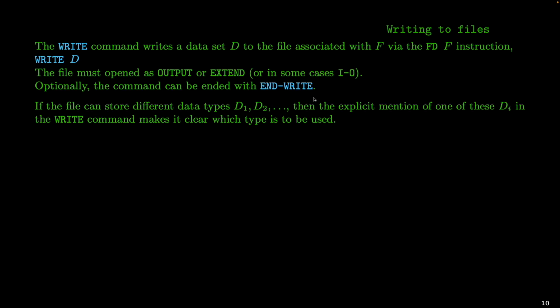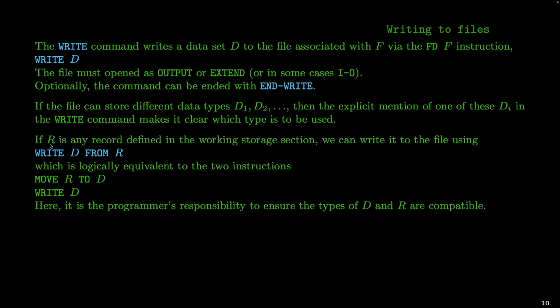Now, we have talked about how COBOL files can sometimes store different data types, let's say D1 and D2, if we assign multiple records in the FD statement. And then we would have to explicitly mention which one of these types we use to write the data.